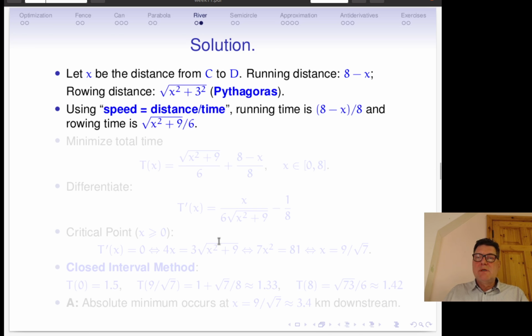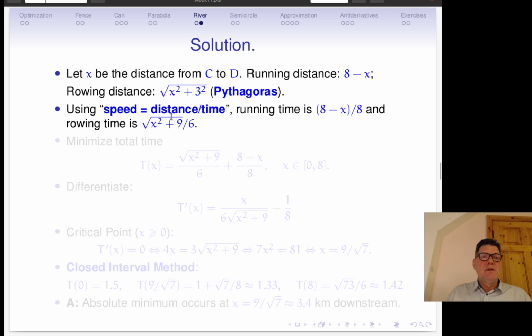Now, we know that speed is distance divided by time. You can use this formula to express the time as distance divided by speed. And in the two modes, we know that, so he's running a distance of 8 minus x at a speed of 8. That gives a running time of (8 minus x) over 8.